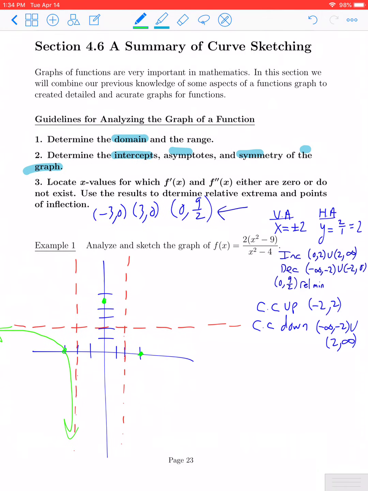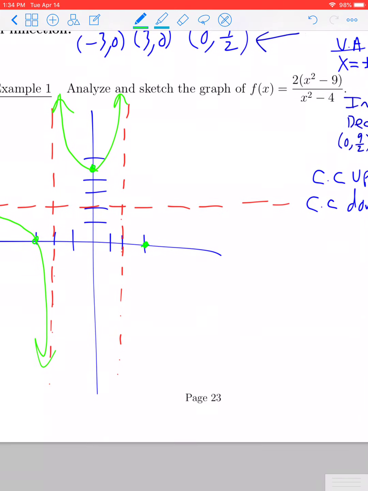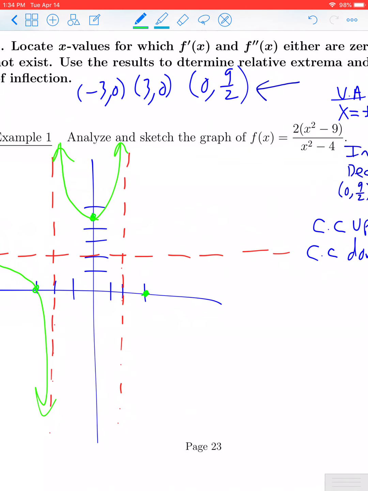It is decreasing from -2 to 0. So it's decreasing like this, and then from 0 to 2 it's increasing. And just as we said, that creates our relative minimum at the ordered pair 0, 9/2. And then for x greater than 2, the graph is increasing, and it once again should be concave down.